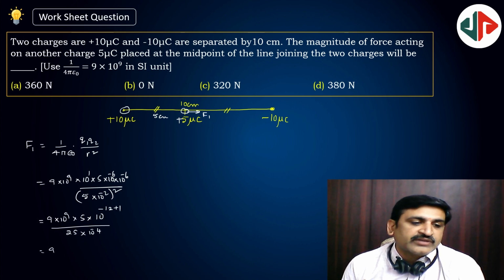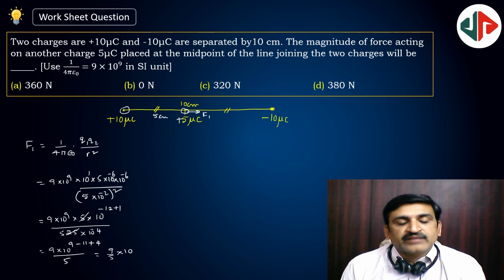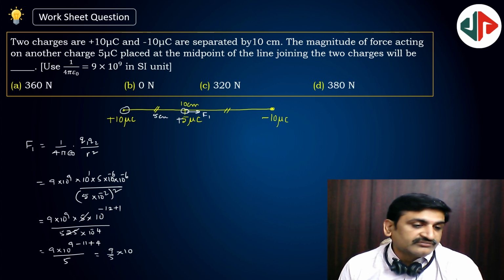Now this becomes 9 into 10 to the power of 9 minus 11 plus 4, by 25. 25 will go 5 times, so it simplifies as 9 by 5 into 10 to the power of 9 plus 4, 13, minus 11, 2. This is in Newton.